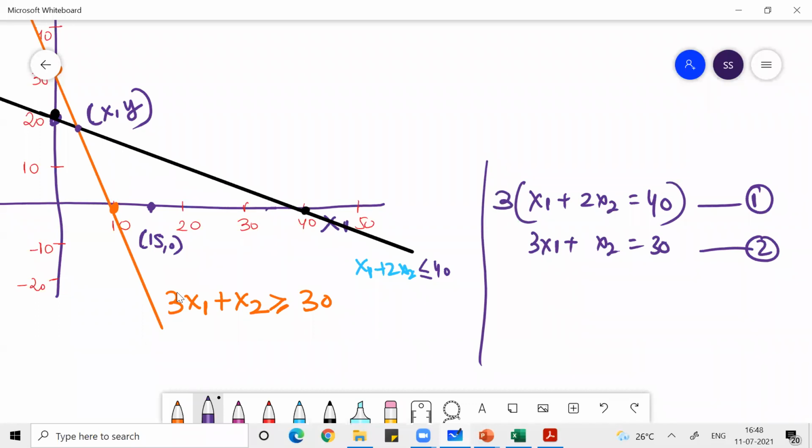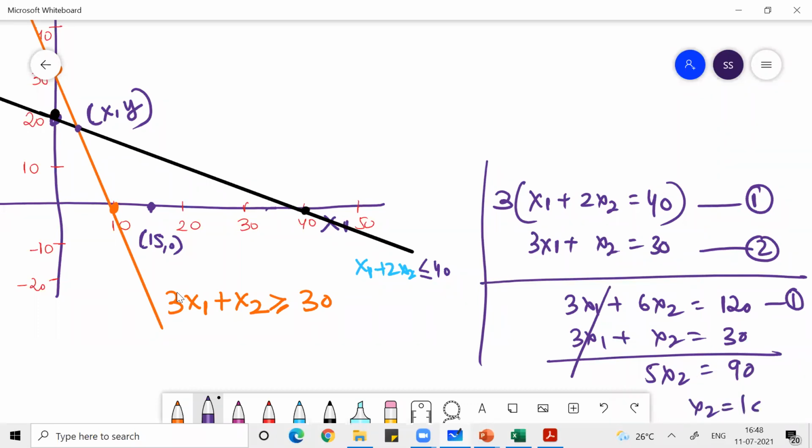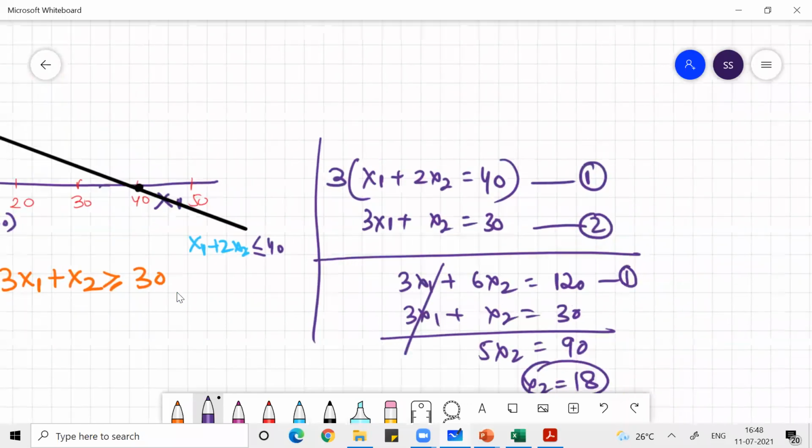If I want to cancel x, I'll multiply equation 1 by 3 and get 3x1 plus 6x2 is equal to 120. The second equation is 3x1 plus x2 is equal to 30. Subtracting, 5x2 is equal to 90, so x2 is equal to 18.